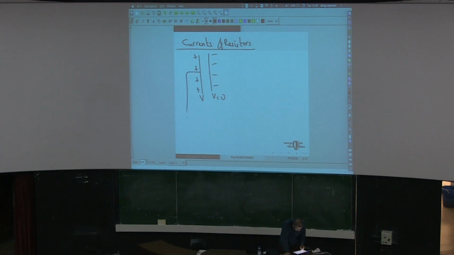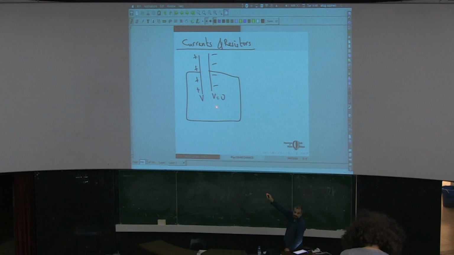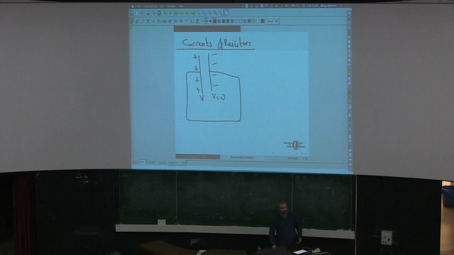Now, what happens if we connect these two? Now, we have this plate, which is a conductor, which was at the potential V at all the points. This plate, which was a conductor, also has the potential 0 at every point. Now we connect both of them with another conductor.